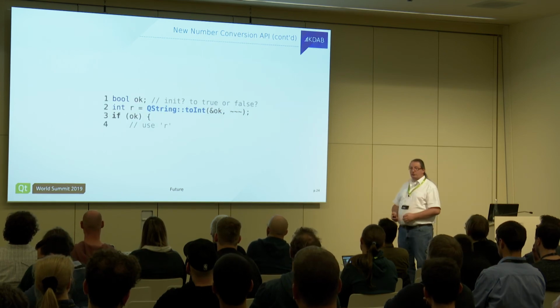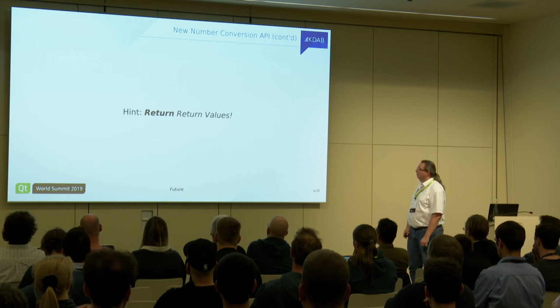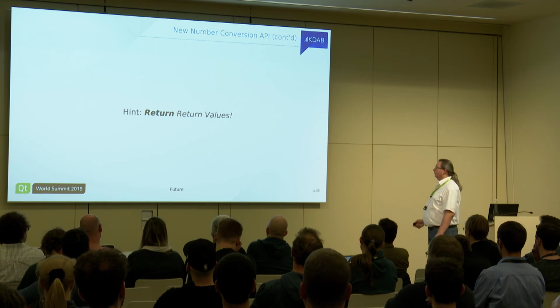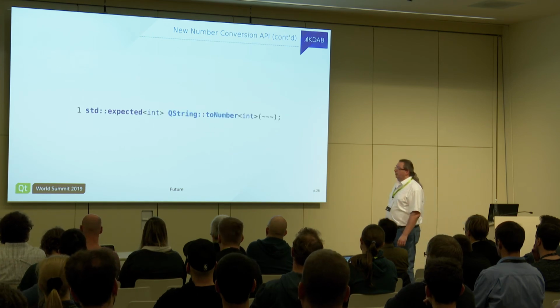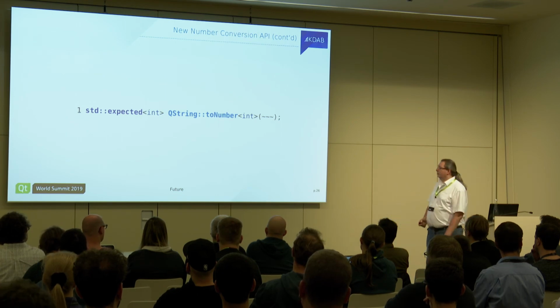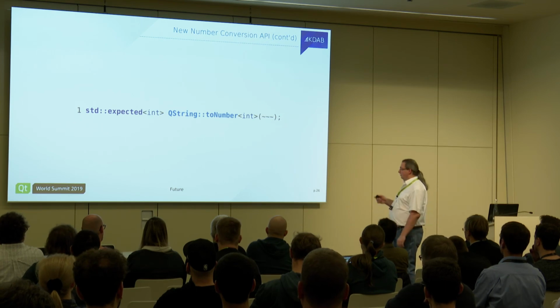ToInt, the problem here is the out parameter. So using it is totally awkward. And when you want to return something, use the return type. That's my hint. So we could use std::expected, but std::expected is more or less dead because Herb Sutter has one of his glorious new proposals again.